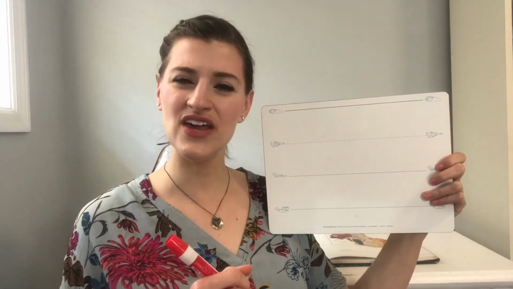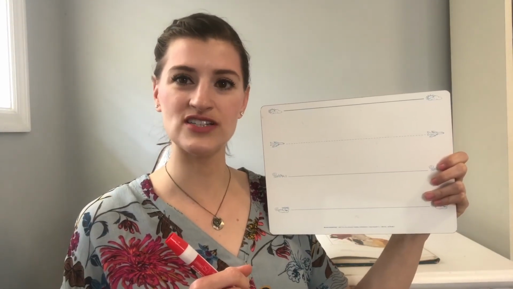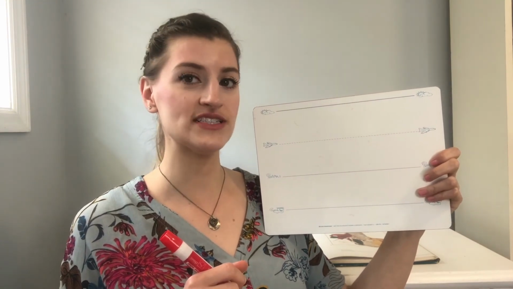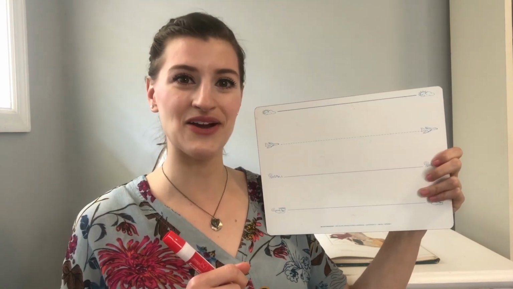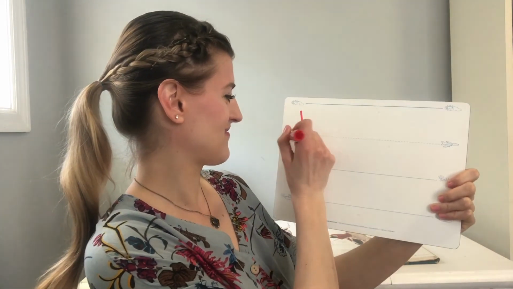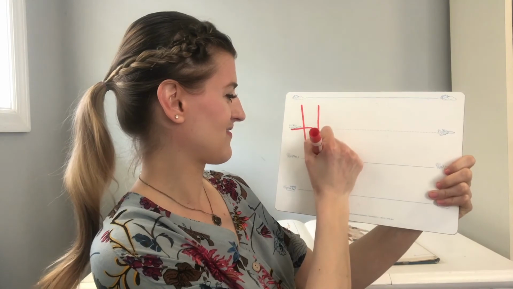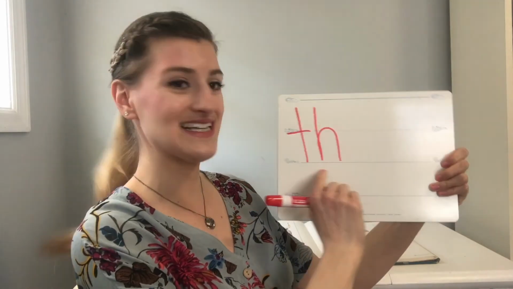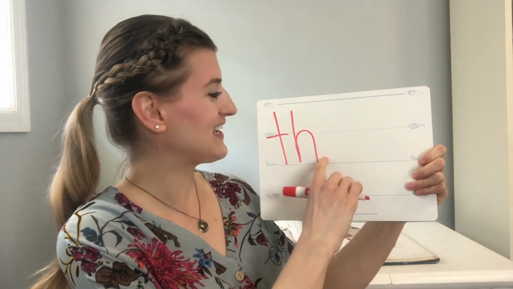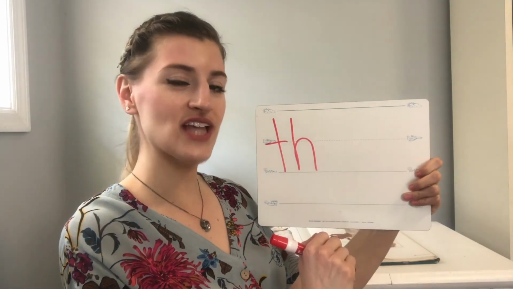Let's spell the word theater together. Theater sounds like it starts with the th letter blend. Which letters make the th letter blend? If you said TH, you're correct. E. Which letter sounds like E?